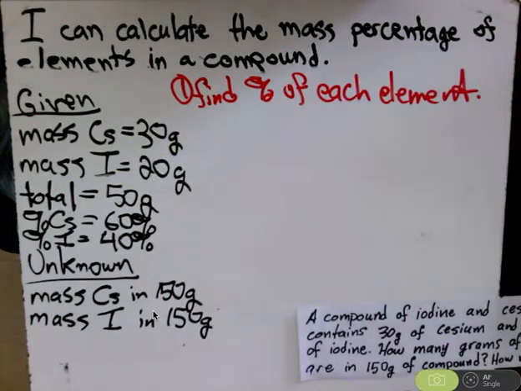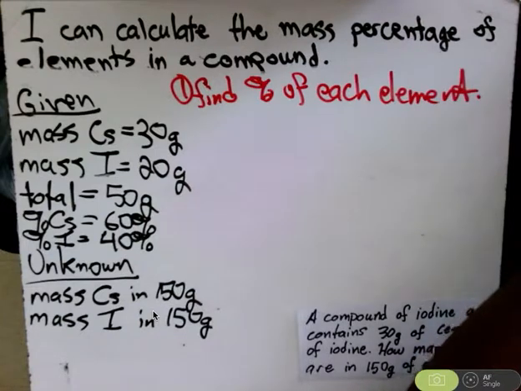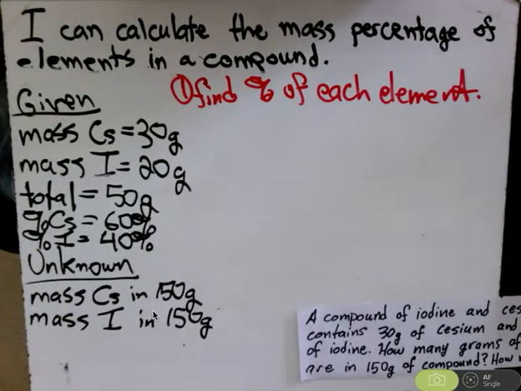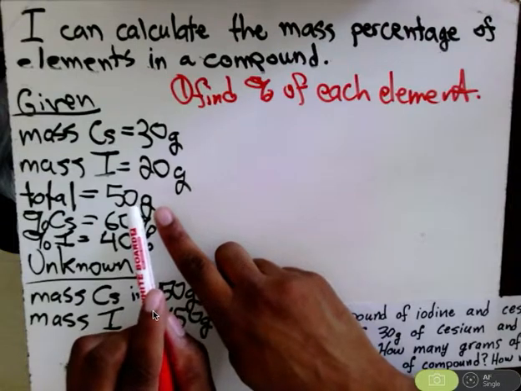What now? Well, our unknowns, we want to find the mass of cesium in 150 grams of compound. And we want to find the mass of iodine in 150 grams. So basically what it's asking is, what if we had 150 grams of a compound? What mass would we have of each element? In this case, we have 50 grams total.